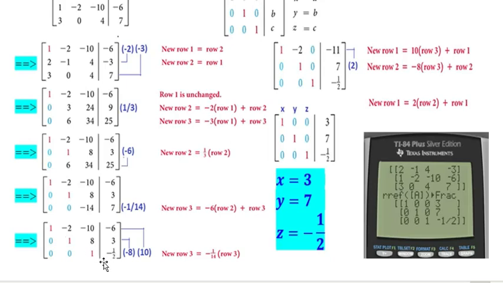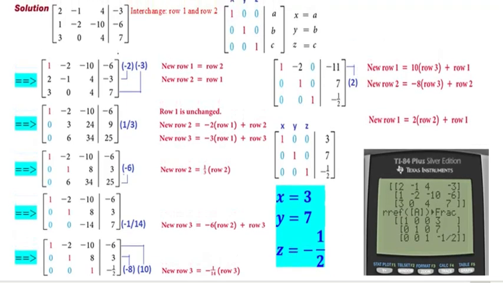Here we can do back substitution to solve it. Z is minus half, and back substitute to get X and Y. But if you continue, then you get it to reduced row echelon form. And that is, we're going to turn this to 0, this to 0, this to 0.